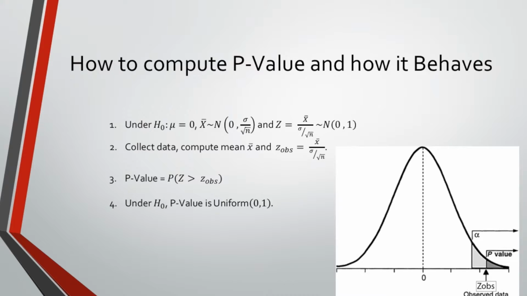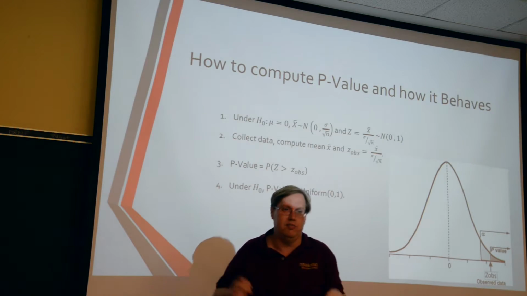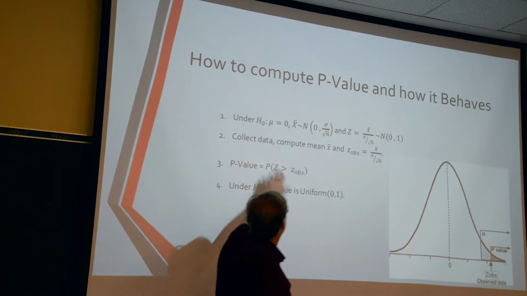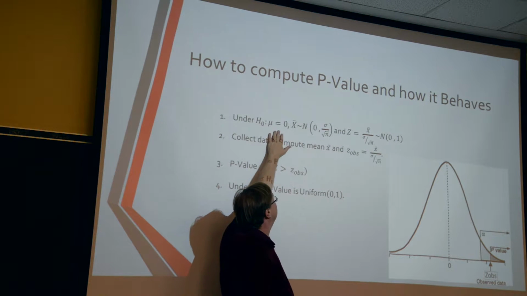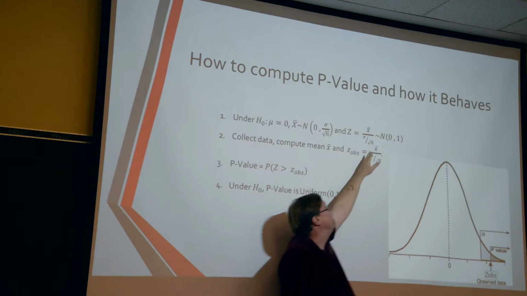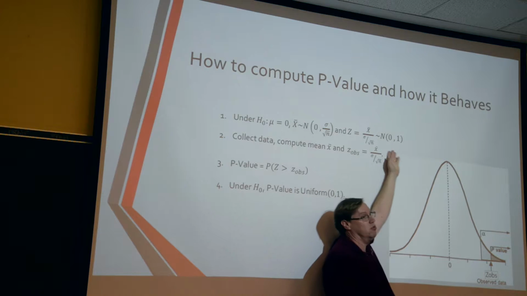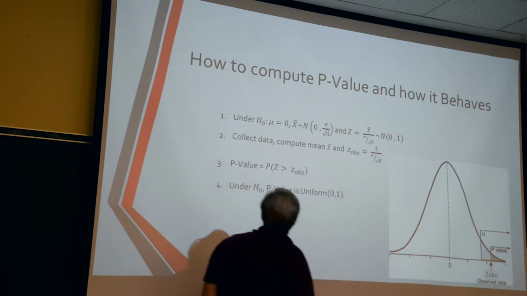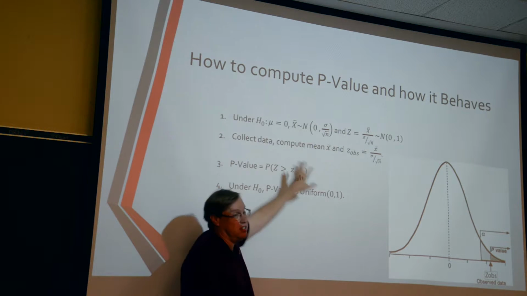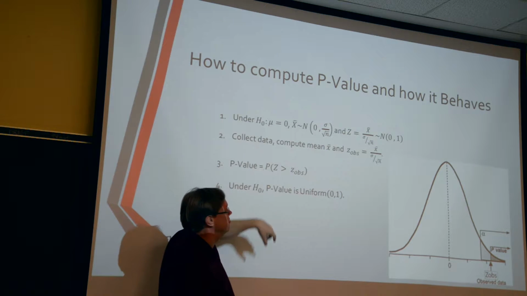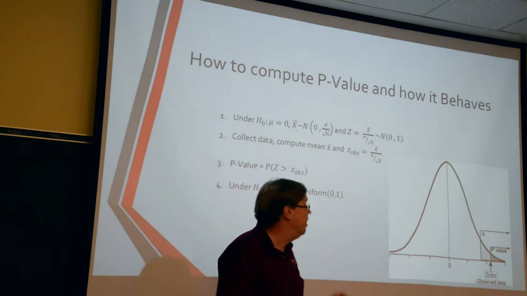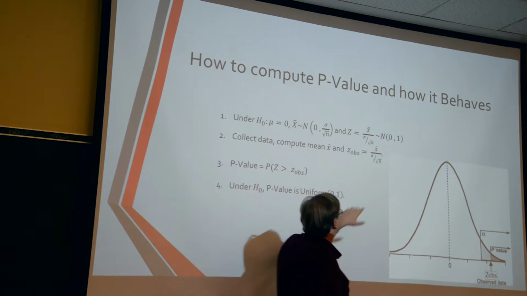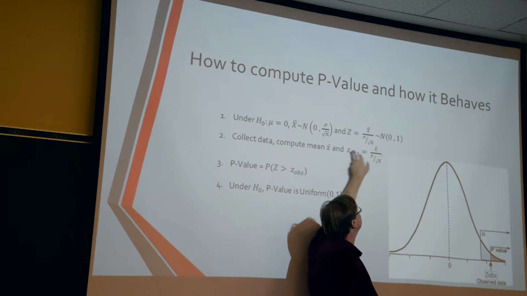If we wanted to do the typical z transformation, we would subtract mu, but in this case my null value is 0, and I'm assuming the null hypothesis is true, so I don't have a mu there. And this thing will be normal 0, 1, or standard normal. Okay, so that's the theory behind it, and then we collect data, and from our data we compute the sample mean, and from that we compute what I call an observed version, z observed.